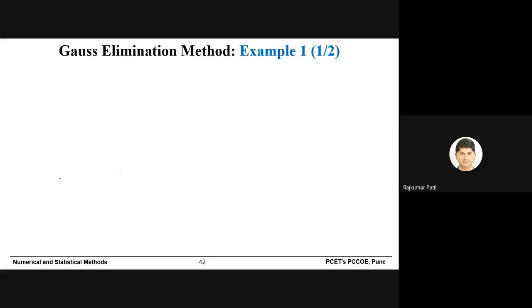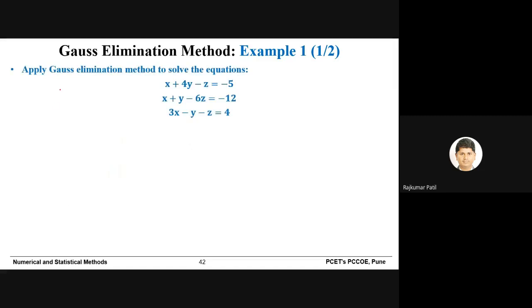Now we will see one example. Apply the Gauss elimination method to solve the equations. So three equations are given. First of all, we check whether the diagonal elements are 0 or not. Here you can see they are not 0, so we call this equation number 1, this equation number 2, and this equation number 3.